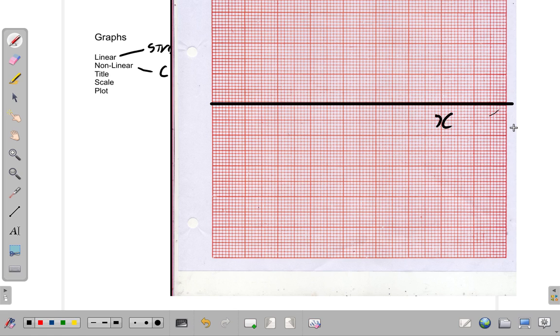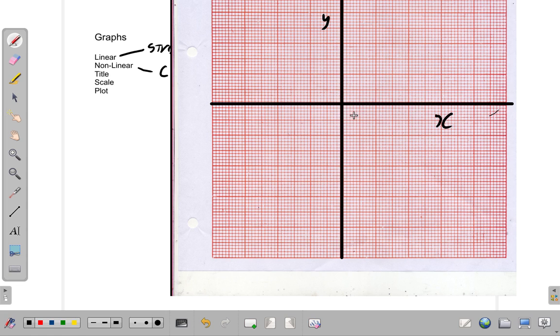When you're looking out to the sea and you look at the horizon, you see it go across like this. And then you have another line with values on it, which you call your y-axis. So, y. These are the two axes on which you will have your numbers and your scale.